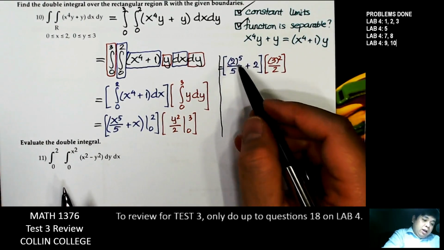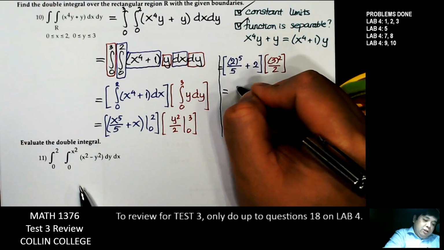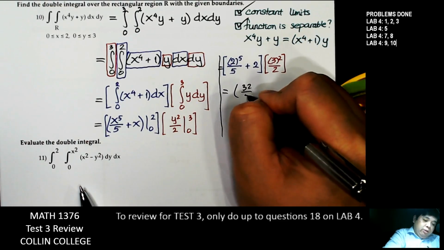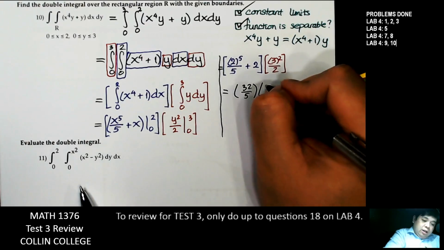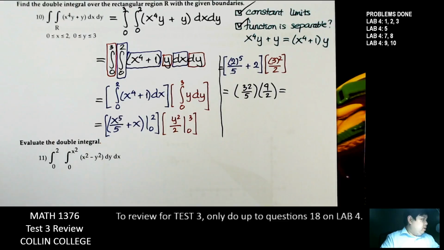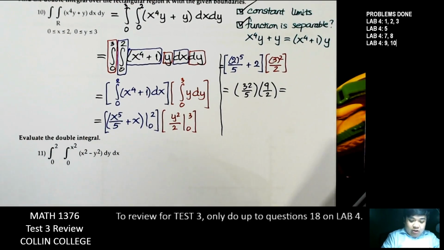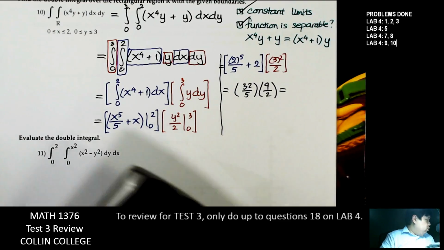Alright, so that is 32 over 5 and 9 over 2. Just use the calculator on this one. 32 divided by 5 times 9/2. I have 144 over 5.